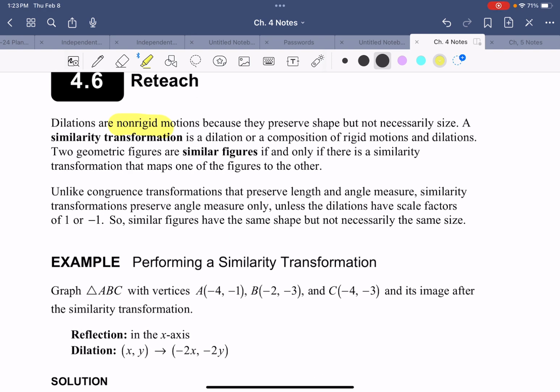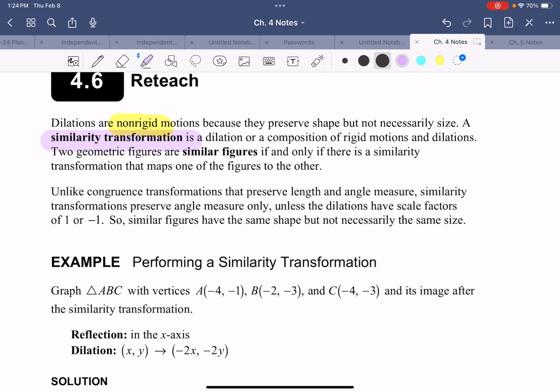Now, a similarity transformation, so here's a new one, is a composition of rigid motions and dilations, okay? Two geometric figures are similar only if there's a similarity transformation that maps one onto the other, okay? So congruence transformations, the original size, shape, everything is the same. But similarity transformations preserve angle measures only, okay?